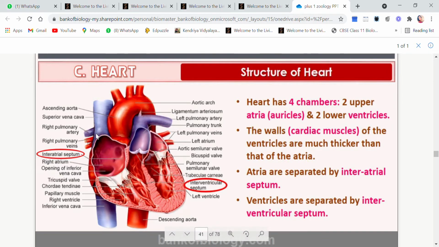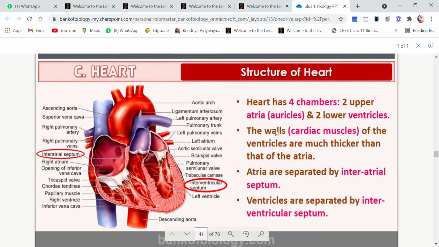As you see here in the diagram, this is right atrium, and this is left atrium, this is right ventricle, and this is left ventricle. So four chambers, upper ones are auricles, lower ones are ventricles.